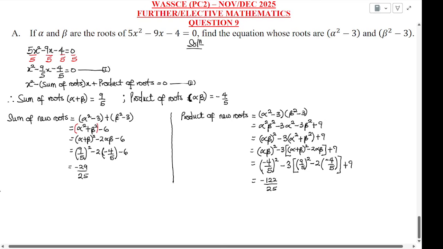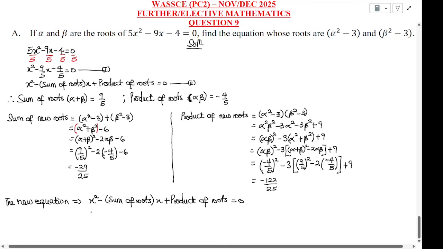So the new equation can be given as x squared minus, into brackets, sum of roots. Because we are looking for the new equation, we use the new roots. X squared minus sum of roots x, then plus product of roots equals 0.